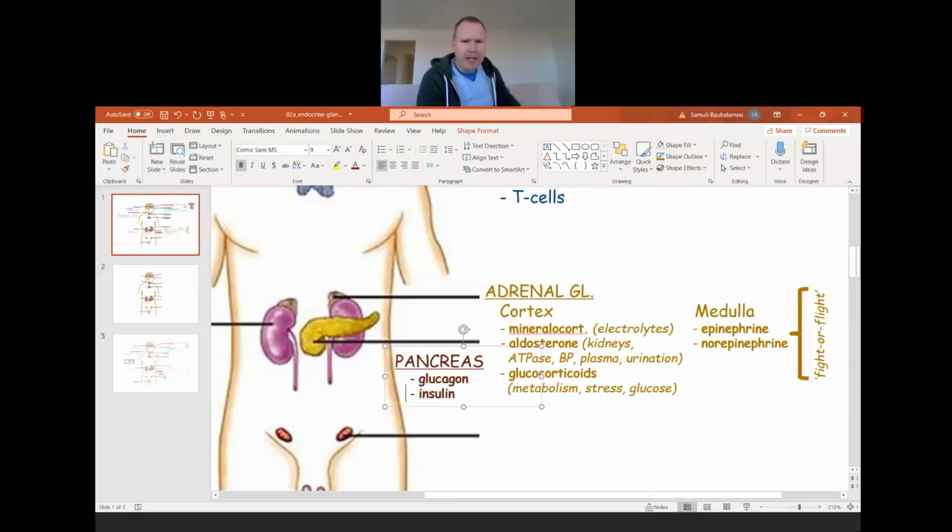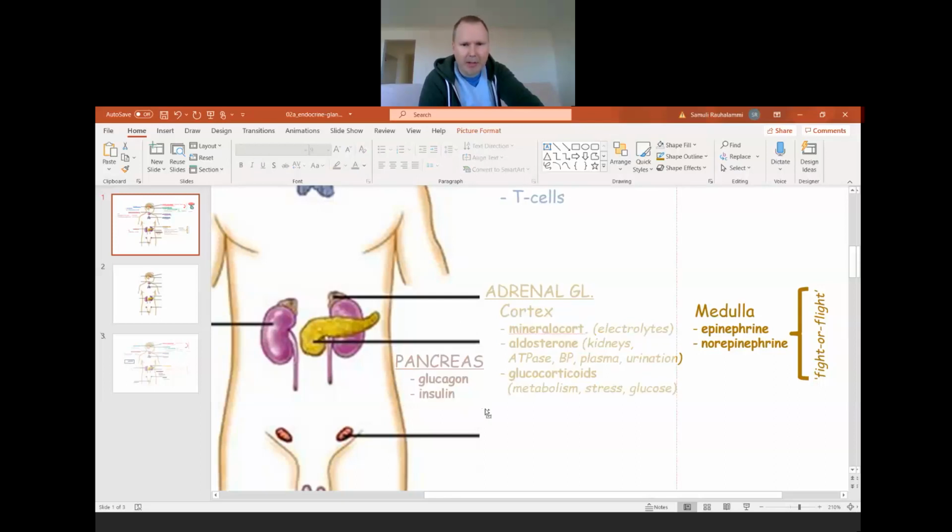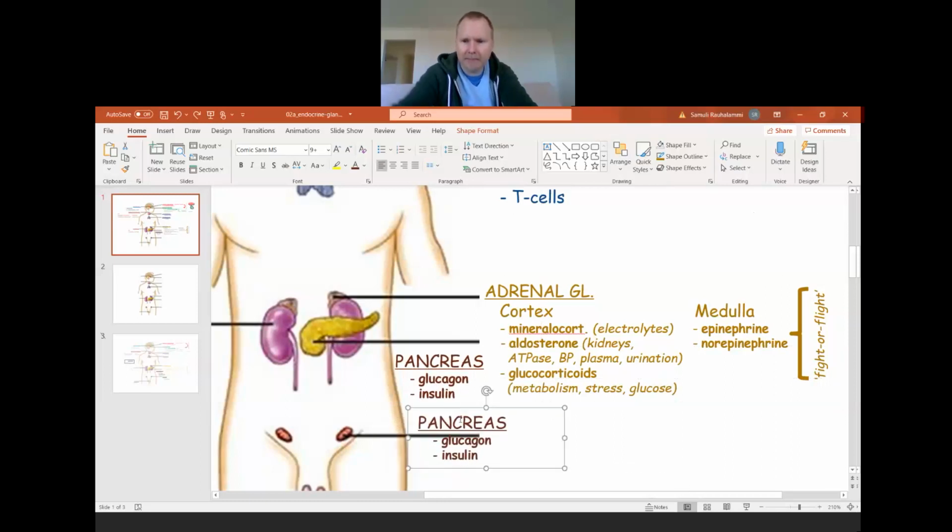So glucagon and insulin both play a role in the regulation of the blood sugar. So let's add a note about that as well. That's what they do. They help us with the regulation of blood sugars.